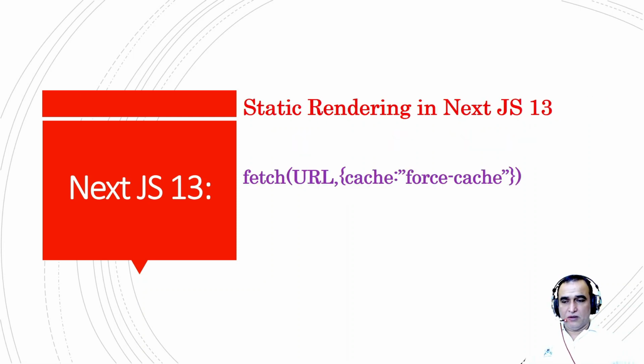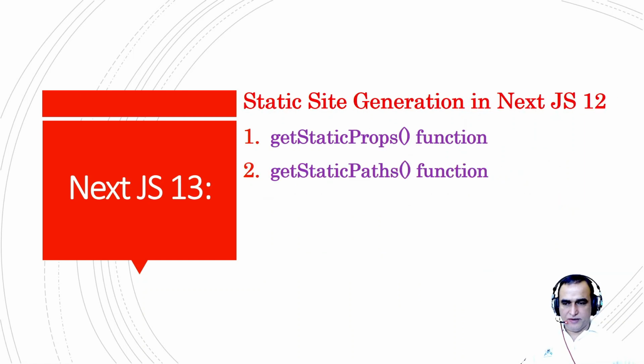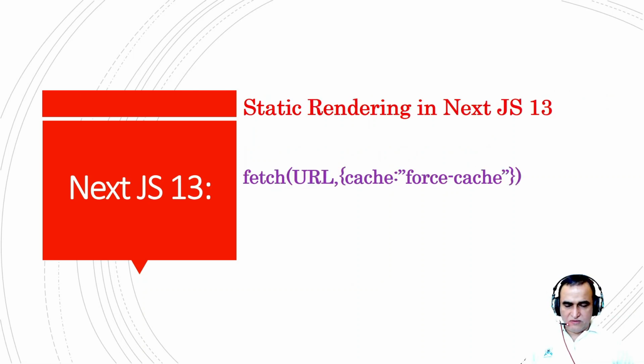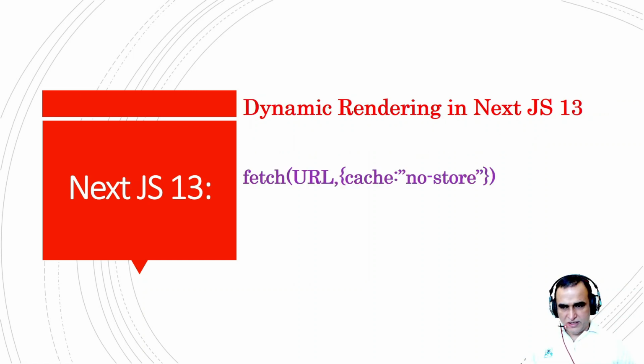So for static site generation in Next.js 12 we used getStaticProps and getStaticPaths; now we use only the fetch function with the force-cache parameter. For server side rendering in Next.js 12 we used getServerSideProps, but it is no longer useful in Next.js 13, so we use no-store with fetch for dynamic rendering, meaning server side rendering.